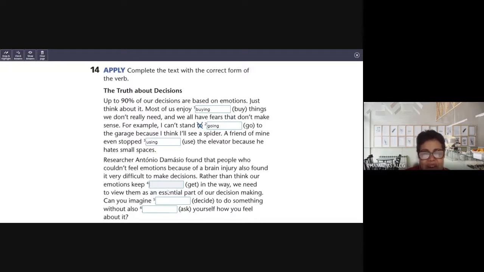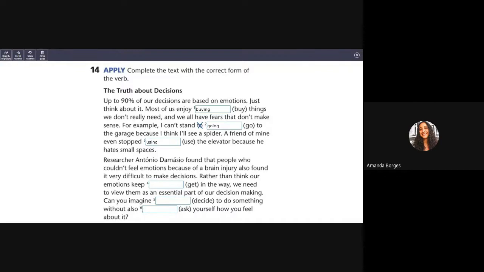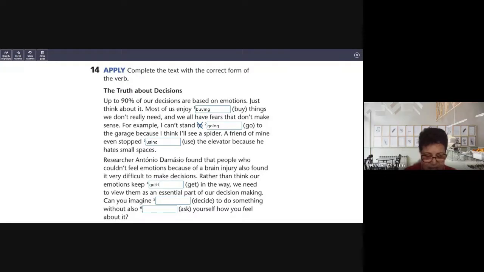Number 4, keep. Getting. Okay. So the verb keep provokes the change as well. After the verb keep, if I use a verb, I must use ing. Okay? Keep getting.